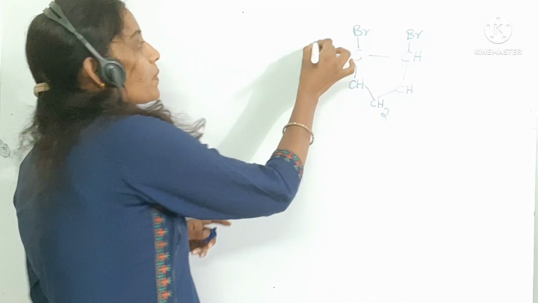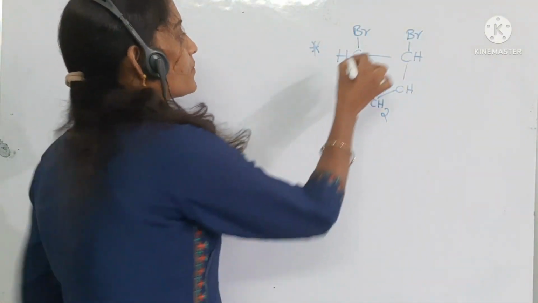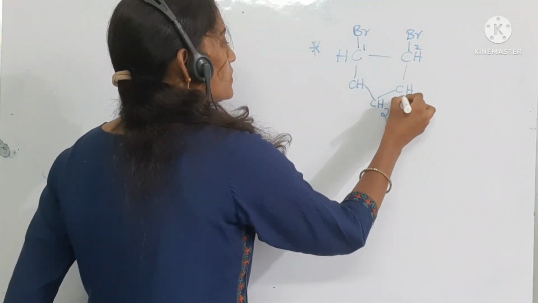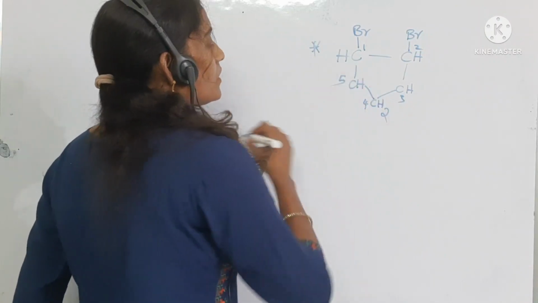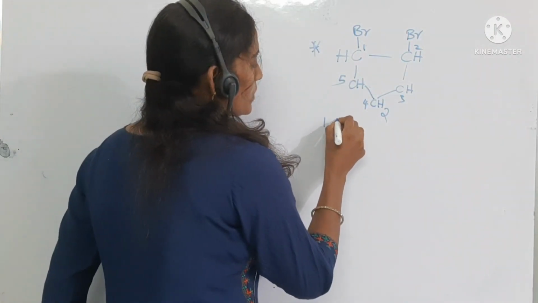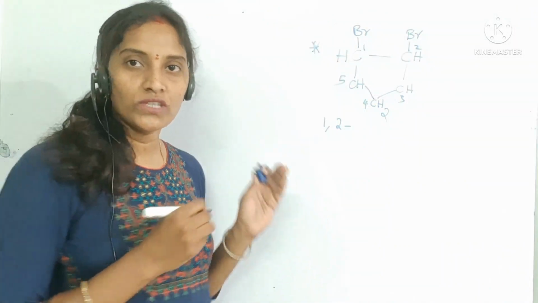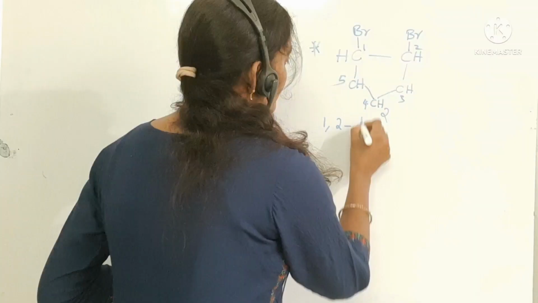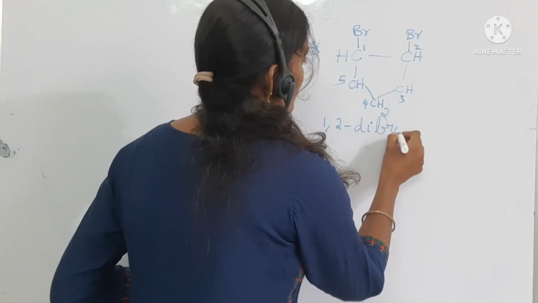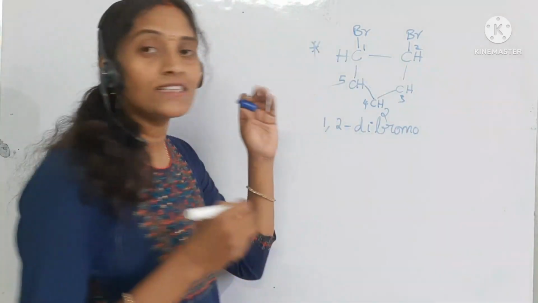Here, students, you can give numbering 1, 2, 3, 4, 5. So at the first position and second position, 2 substituents are there. 1,2-dibromo. It is a cyclic molecule.